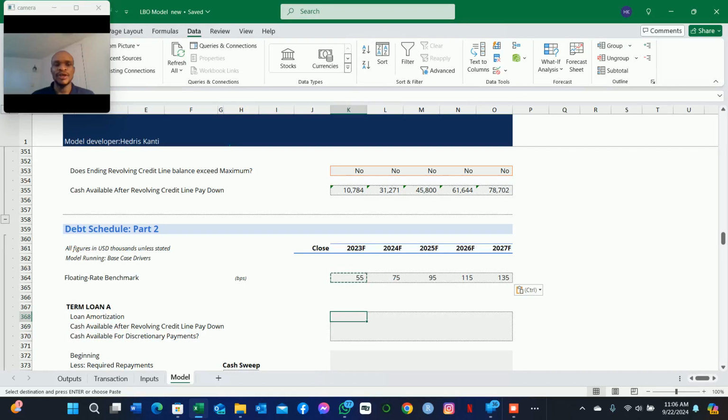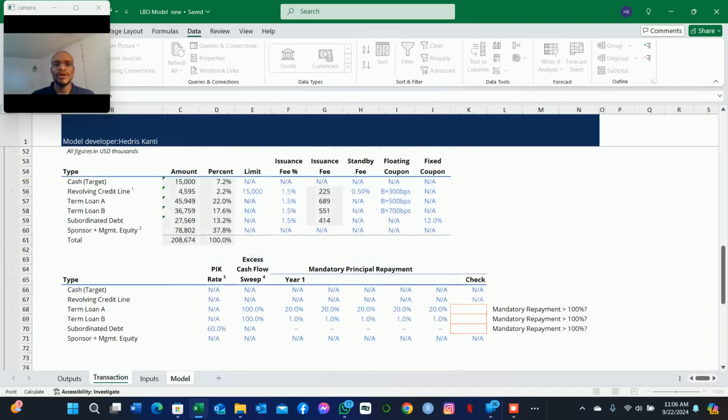The loan amortization here, we have it set up in our transaction section. What you're seeing here is that they must make a mandatory repayment of at least 20%. They have a required repayment of approximately 20% for the term loan A, because it's one of the most secure debts.